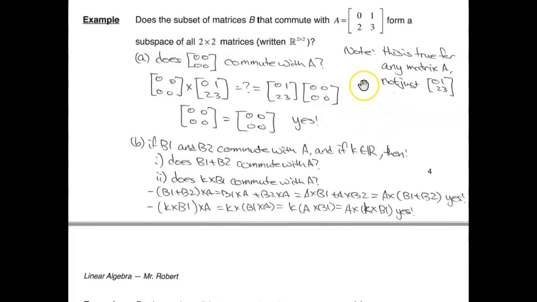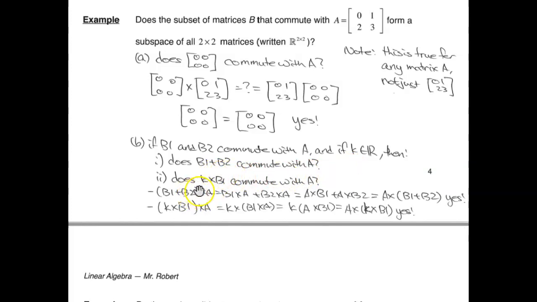So, two things to check. First, the neutral element. Does the neutral element of 2 by 2 matrices commute with A? Yes, it does. 0, 0, 0, 0 times this is equal to this times 0, 0, 0, 0. And secondly, if you have two matrices that commute with A, is it true that adding them will still commute with A?